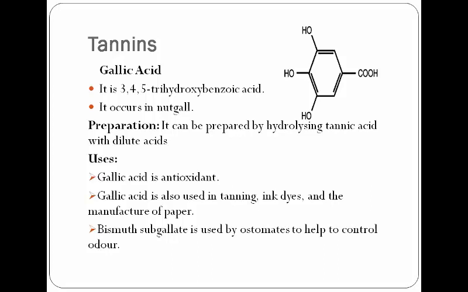It is used as an antioxidant. It is also used in tanning, ink, dyes, and in the manufacturing of paper. Bismuth subgallate is used by colostomy patients to control odor.